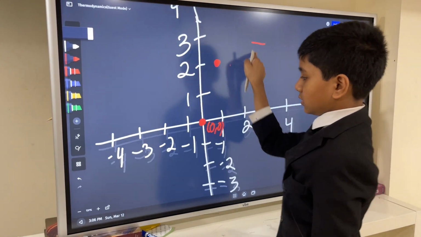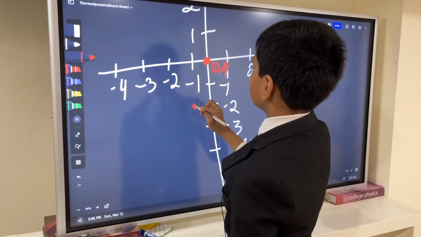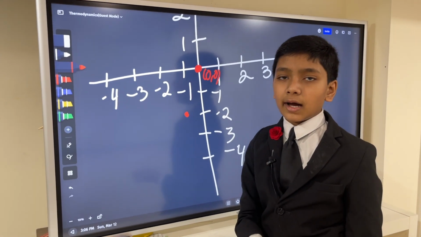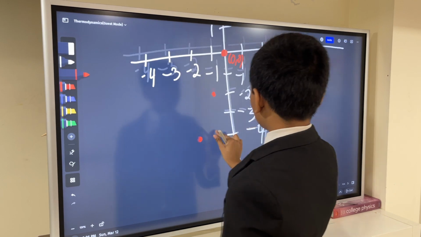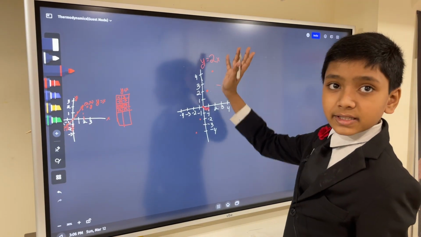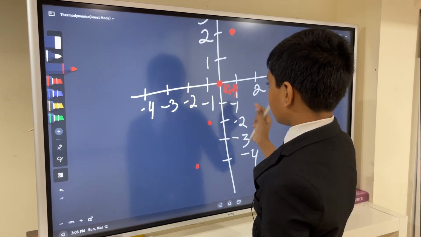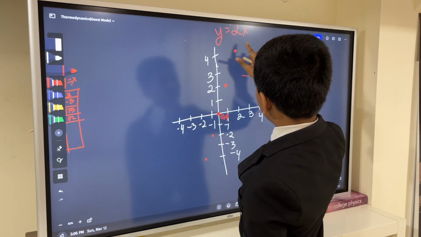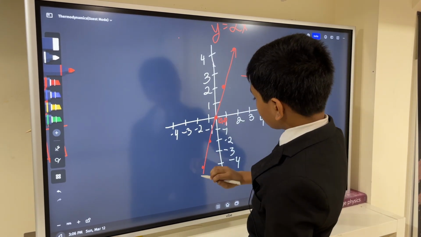Similarly, we can do the same thing in the negatives. Minus 2 is 2 times minus 1. Minus 4 is 2 times minus 2. So now you can already see it's just going to be a little steeper of a line, but we can draw out the entire thing, and that's how it's going to look.